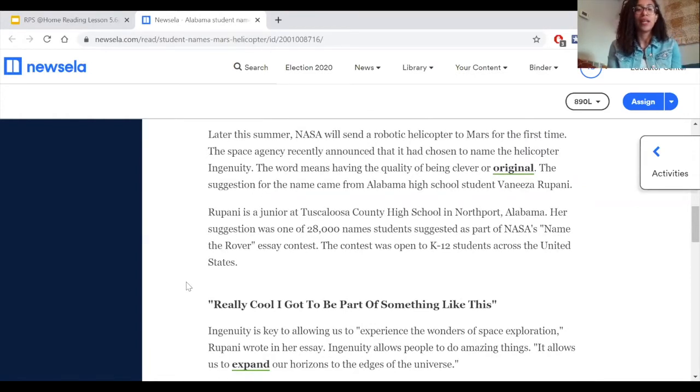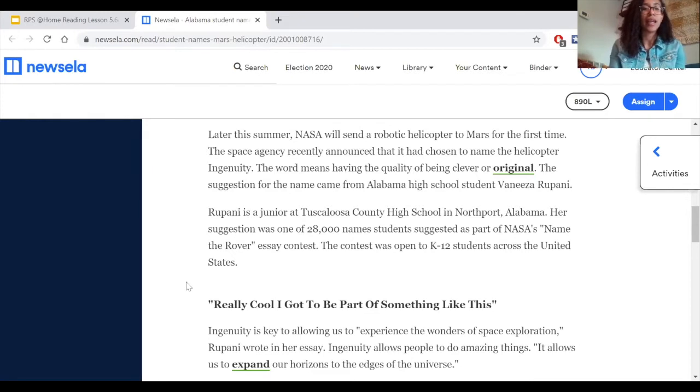Later this summer, NASA will send a robotic helicopter to Mars for the first time. The space agency recently announced that it had chosen to name the helicopter Ingenuity. The word means having the quality of being clever or original. The suggestion for the name came from Alabama high school student Beneza Rupani.